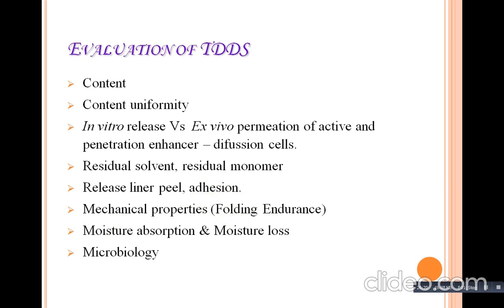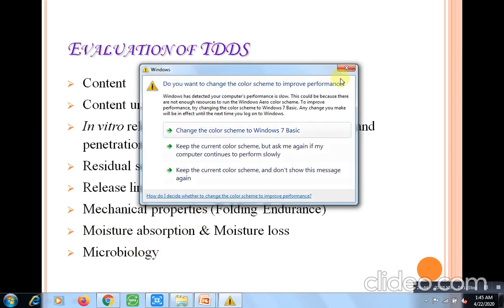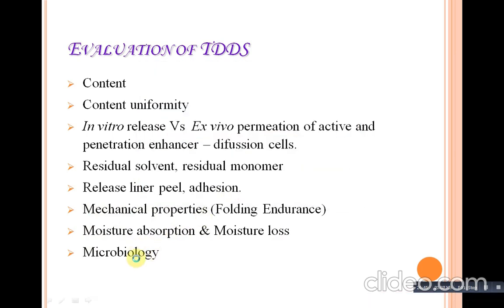Suppose after folding 200 times it breaks, then the folding endurance will be 200. This is done for checking the mechanical strength of the patch. The next parameter is moisture absorption and moisture loss. And microbiology, meaning whether there is any microbial load in the patch, which we determine by this microbiology study.